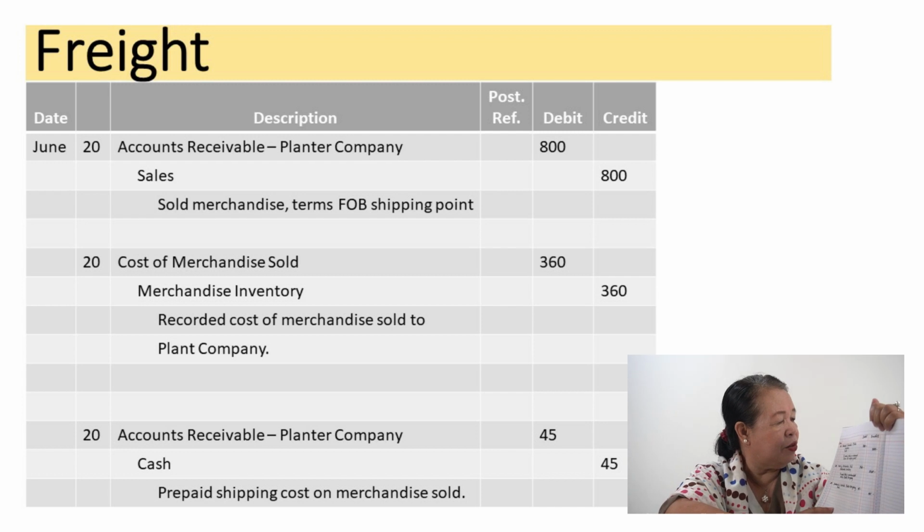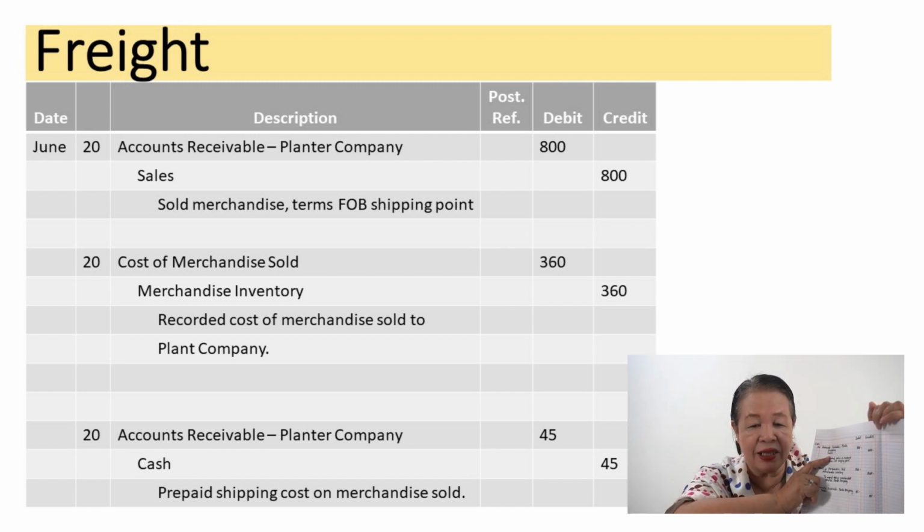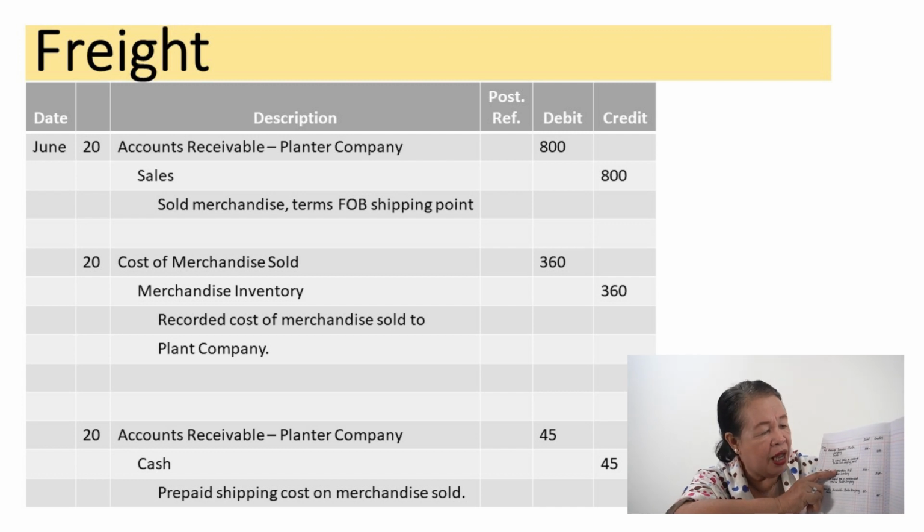Okay. So on June 20, we sold on account 800. We debit accounts receivable because we increased our receivable. We extended credit, and then we credit sales 800. What is the shipping arrangement? FOB shipping point.